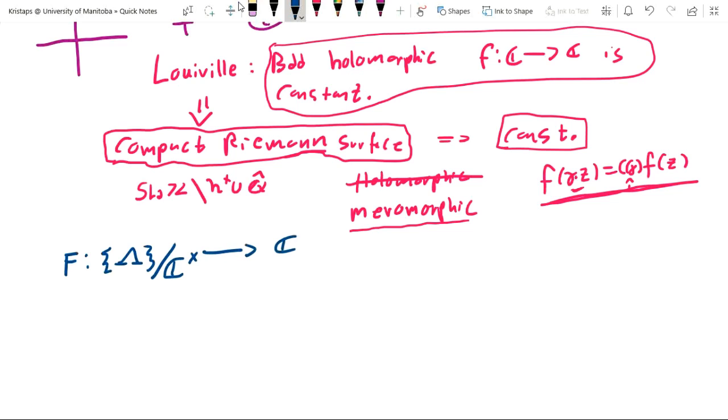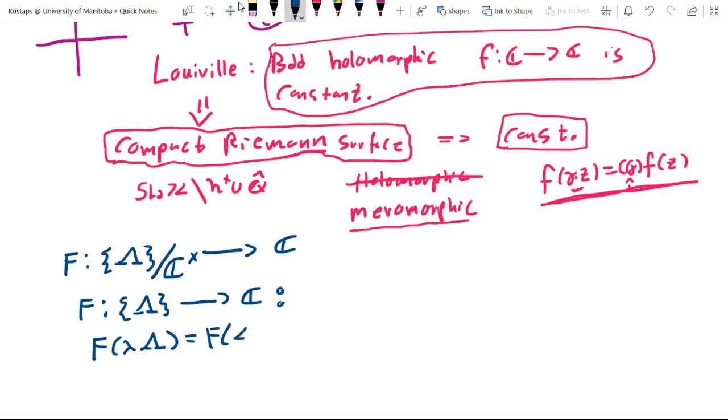And so much in the same way we did for functions on SL2Z mod the upper half plane, instead of considering these to be functions from the lattices modulo scalar multiplication, we can really just think of these as functions on lattices into the complex numbers, subject to the condition that f at lambda times capital Lambda is equal to capital Lambda.